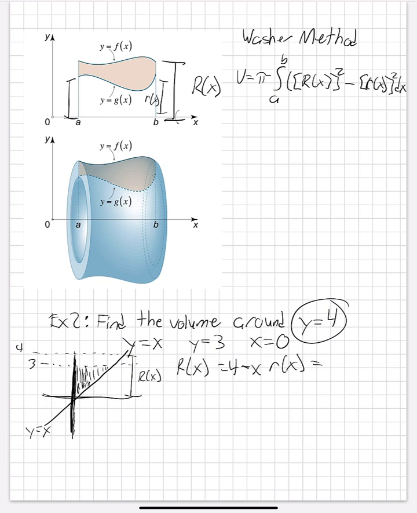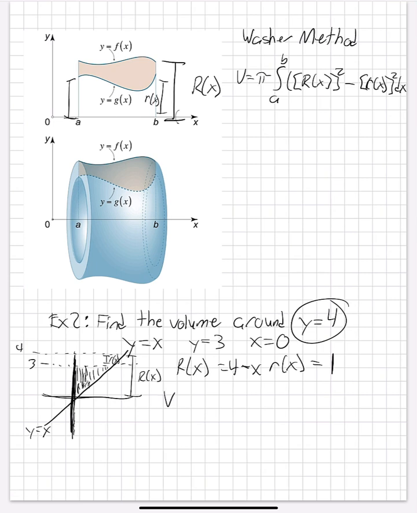So my capital R of x is 4 minus x. This is the thought process that goes into developing capital R of x and lowercase r of x. Little r of x is represented by the gap between my function and my axis of revolution, which here is just from y equals 3 to y equals 4, which is just 1, because it's just a gap of 1 between my 4 and 3.